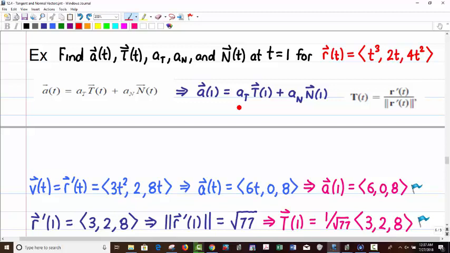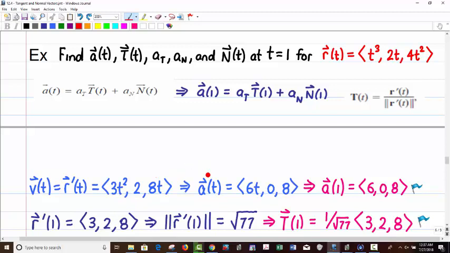So the acceleration vector, the left side, is super duper easy, especially when the functions aren't too gruesome. I don't like them to be too gruesome. Anything could be challenging if they were ugly functions and the derivatives were ugly, but this one's super easy. The derivative of t cubed, 2t, 4t squared for velocity would be 3t squared, 2, 8t.